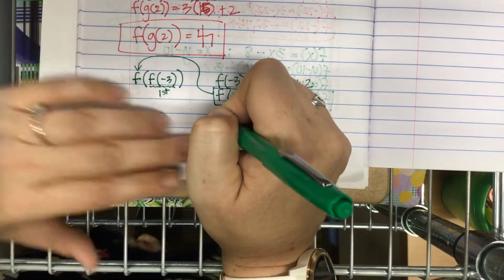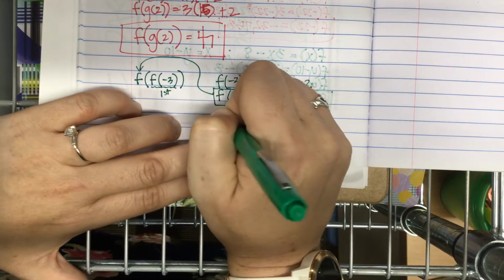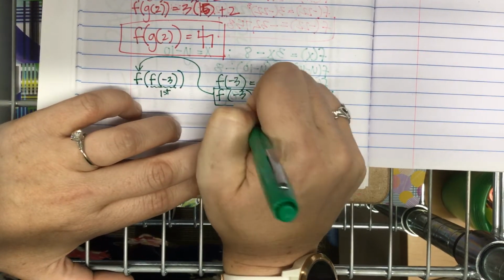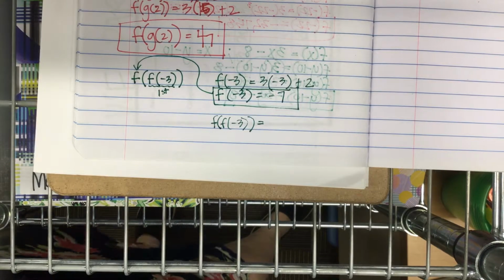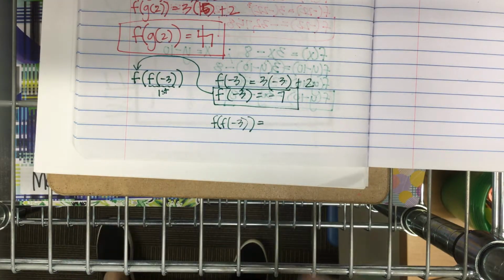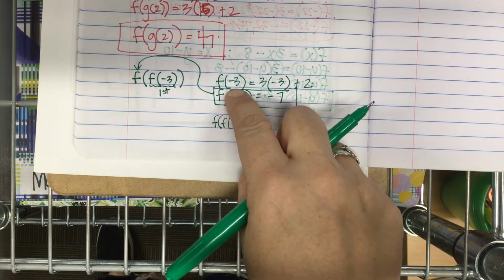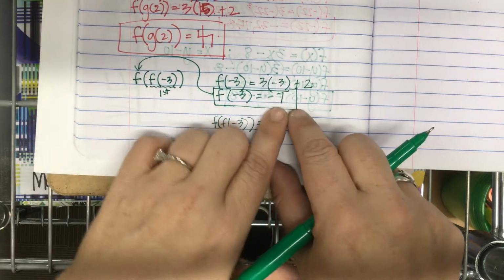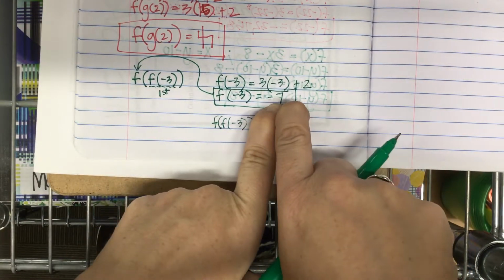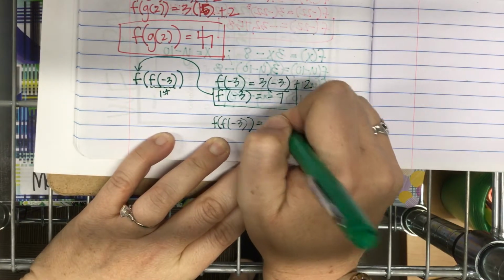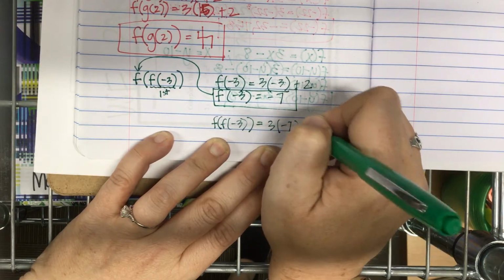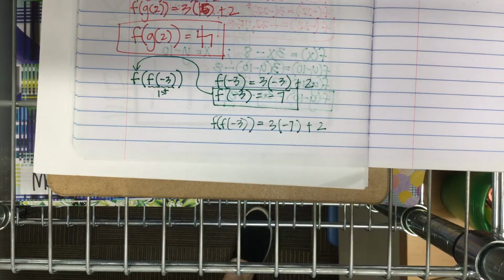So I'm going to do the function of negative 3. But this time, instead of putting in negative 3, I'm going to put in my new answer, which is negative 7. What is 3 times negative 7?